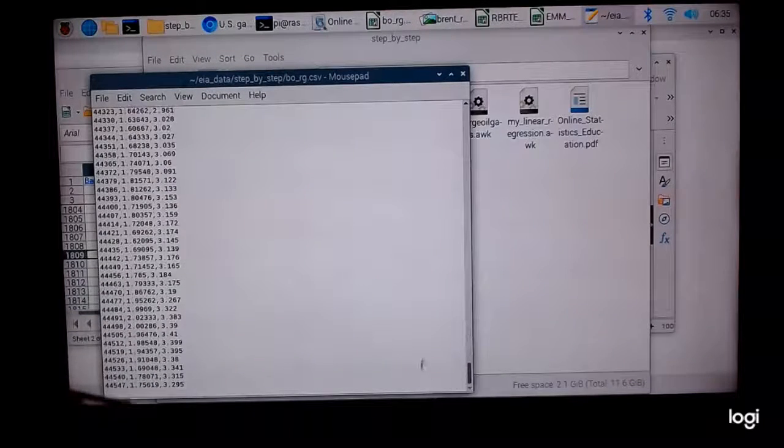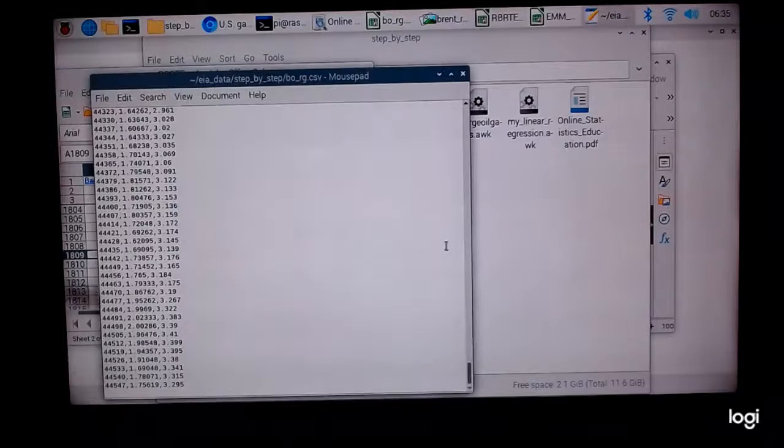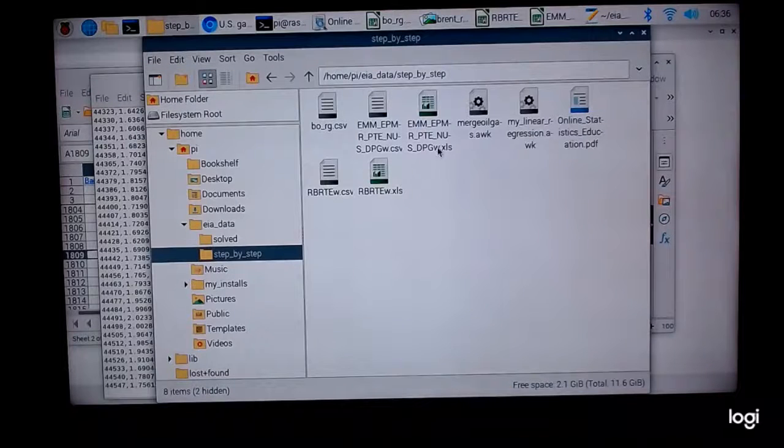And this is my data set where I converted the dates into numbers. These right here are just the numbers for the dates. There's my Brent, and there's my regular gasoline. So that's what I've been doing over the weekend.